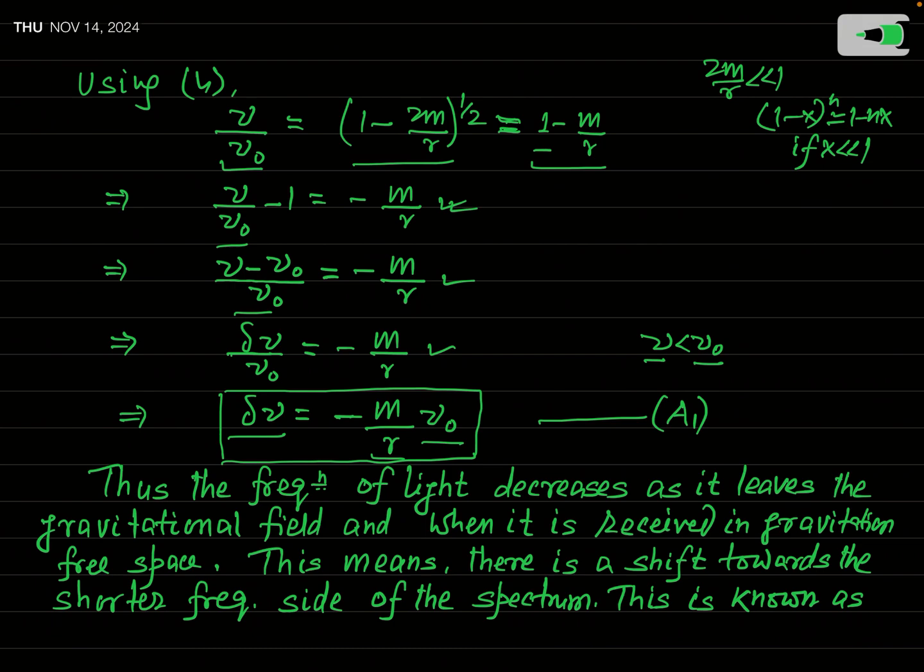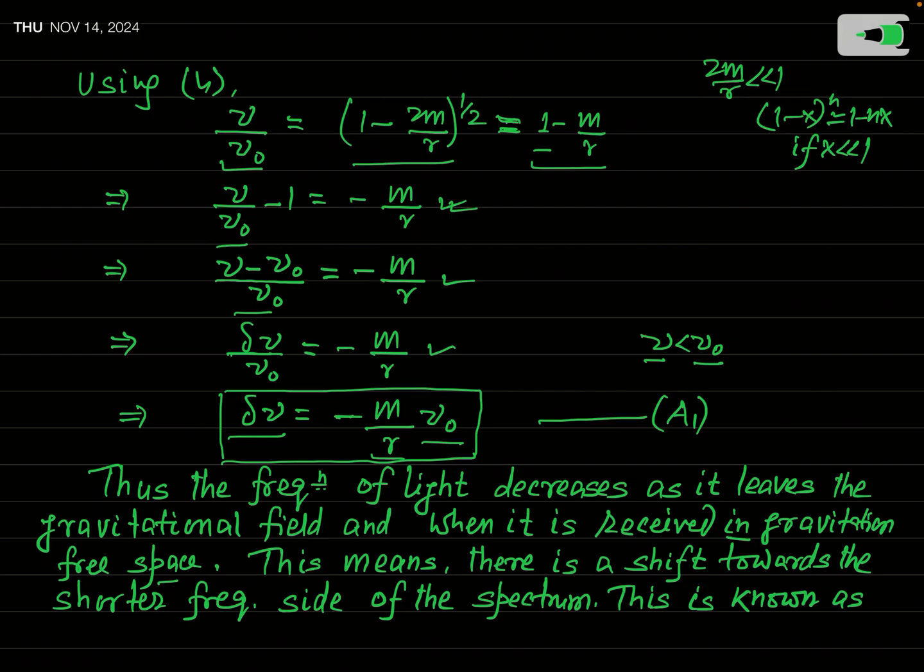In visible light, the smallest frequency is of red light. So this result shows that there will be a decrease in frequency of light as it leaves the gravitational field, and when it is received in gravitation-free space, there will be a decrease in frequency.